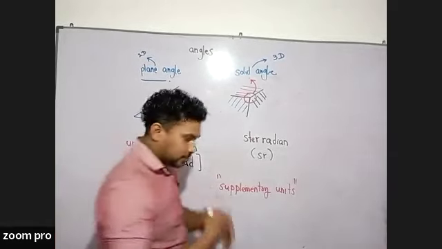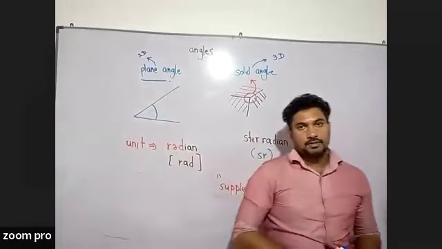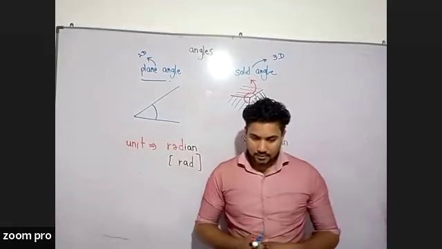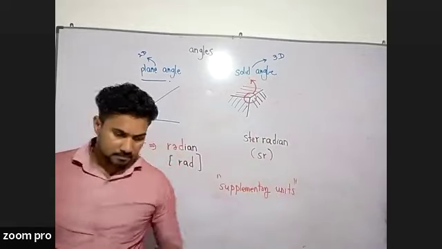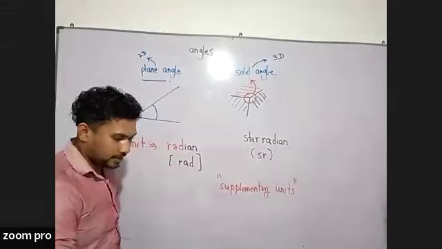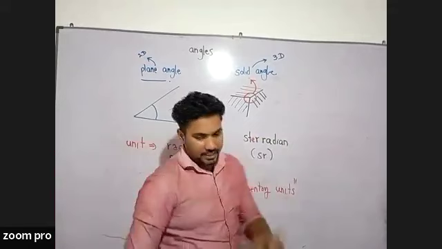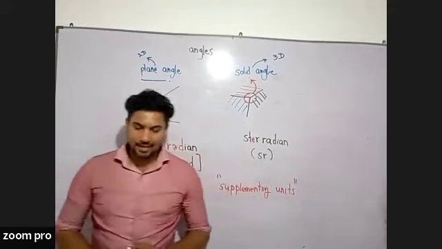Right. So in the next rule, there are two types of angles. First one, plane angles.